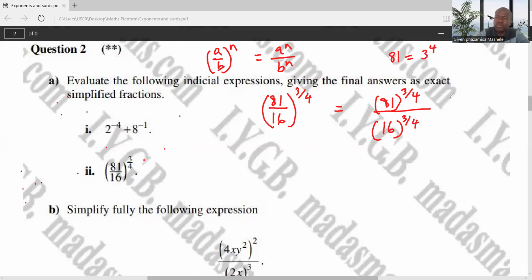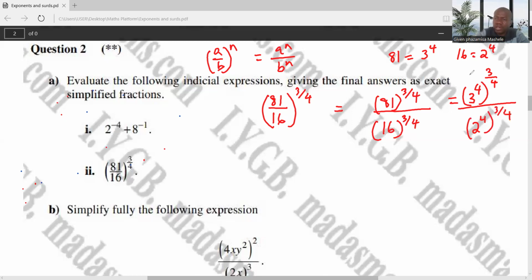So this is the same as 3 to the exponent of 4, everything to the power 3 over 4, divided by 16. 16 is the same as 4 squared, which is the same as 2 to the power 4. So this is 2 to the exponent of 4, everything to the power 3 over 4.